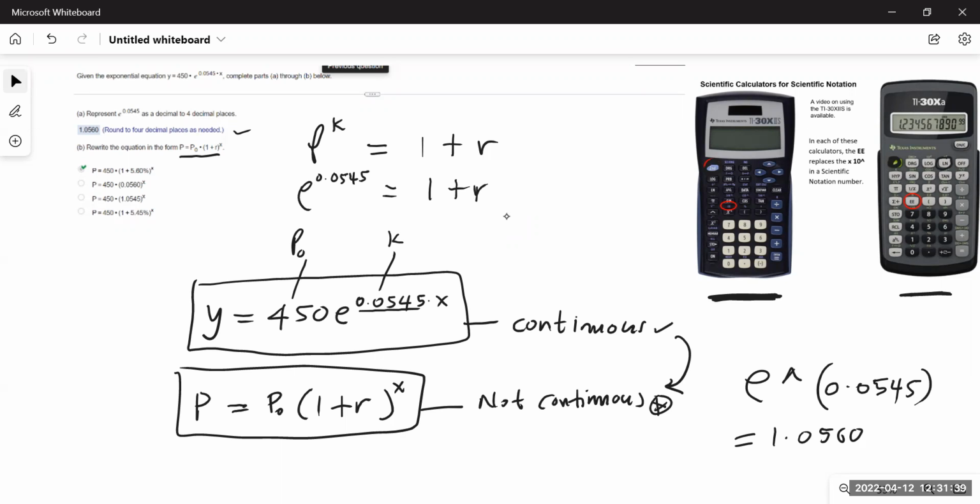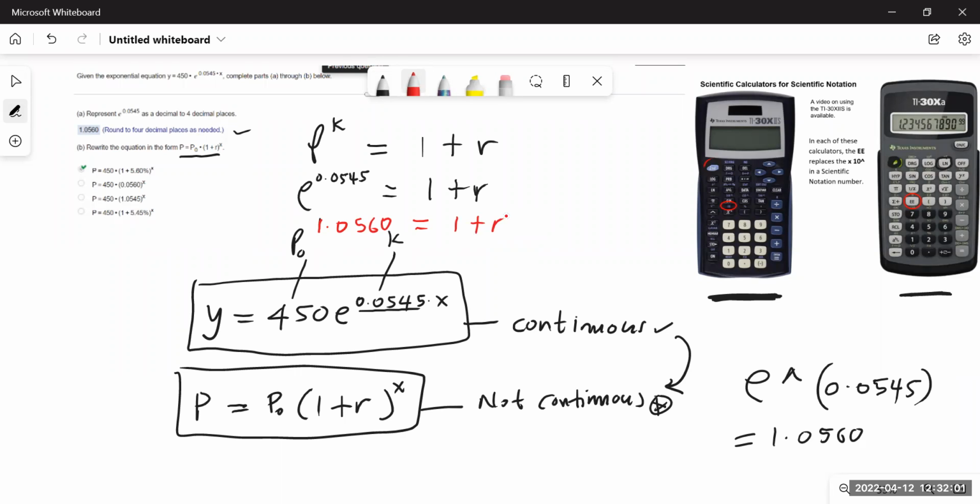Now we already found that, okay? We already found that value. So you really don't have to do much at this point. We found that value as 1.0560 is equal to your 1 plus your R. Is that okay?